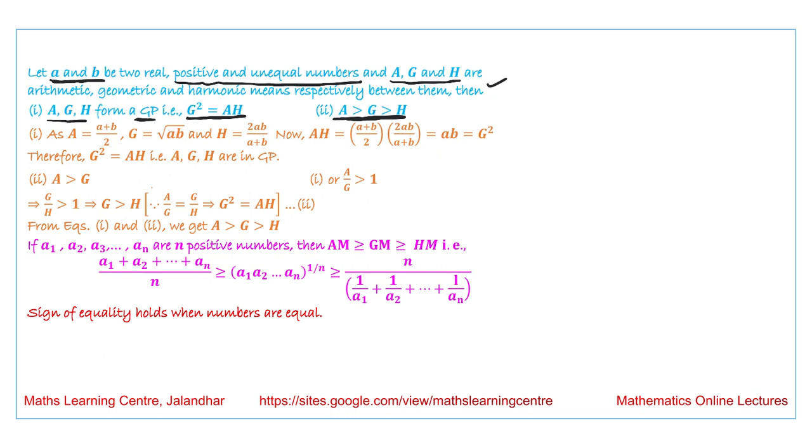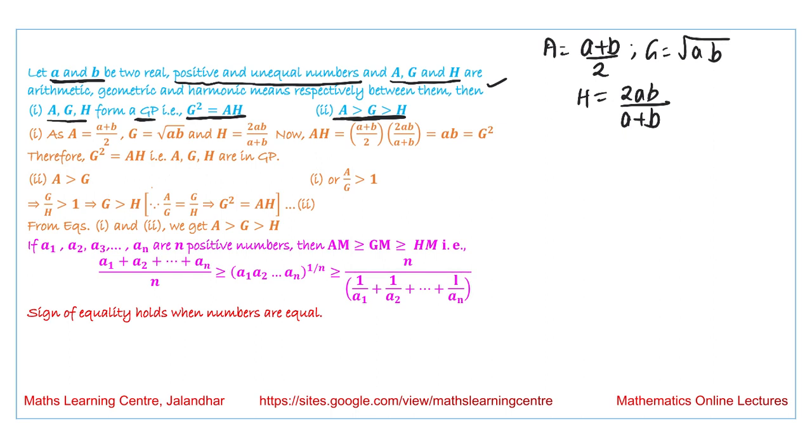So first, the value of A is (A plus B) by 2. The value of G is square root of AB, and the value of H is equal to 2AB by (A plus B).